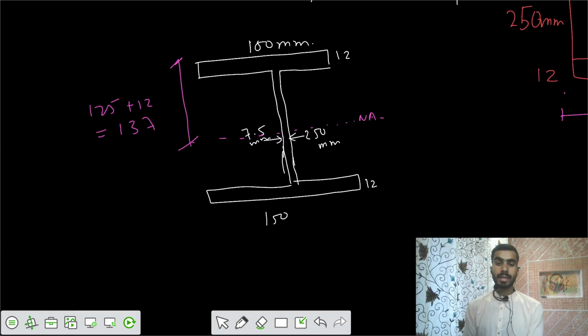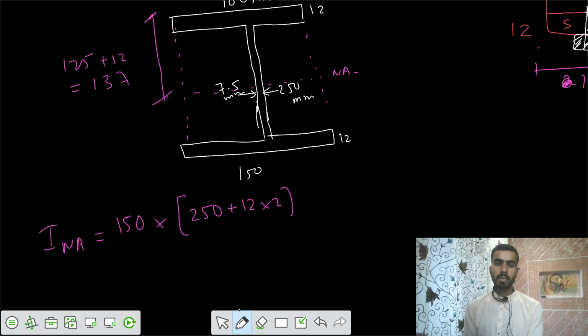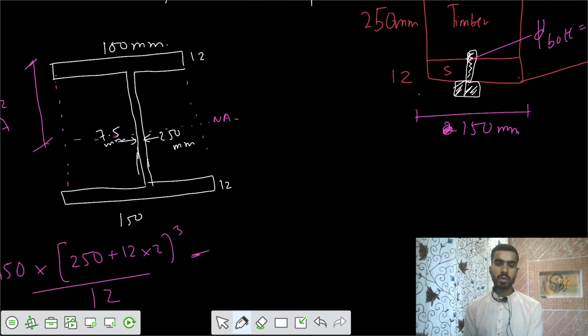Now the next step is the calculation of the moment of inertia about the neutral axis. Assuming it is an entire rectangle of dimensions b and d, b d cube by 12, minus, you have to subtract the two values.